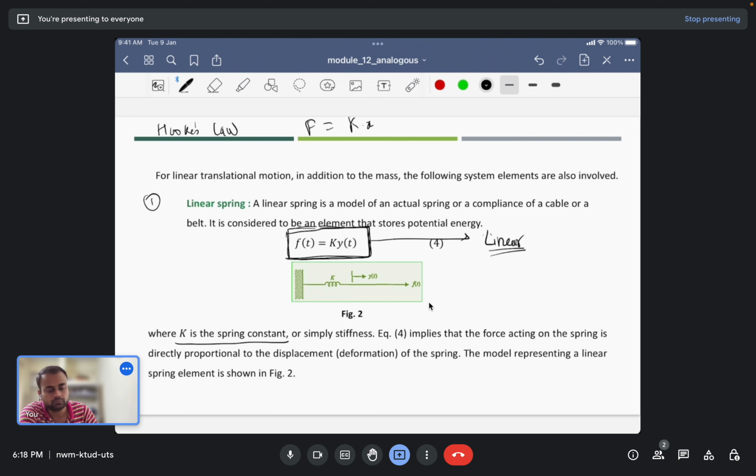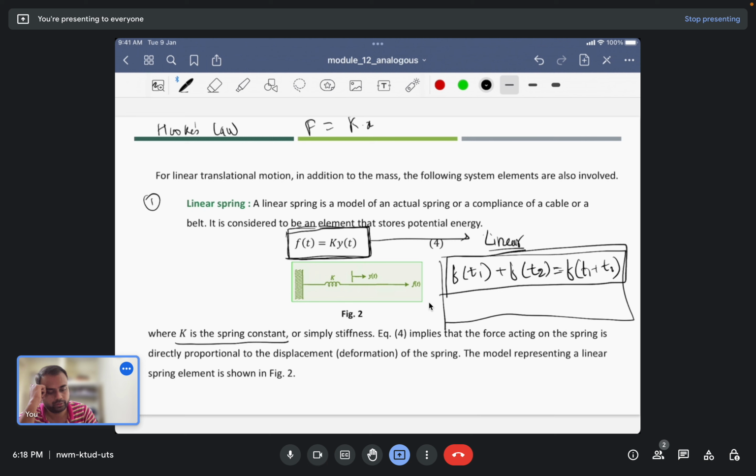When we say a function is linear, this is the definition for linearity. Whenever f of any function with domain t1 plus the same function with domain t2 is equal to f of t1 plus t2, whenever this relation is established, we say that the function is linear.